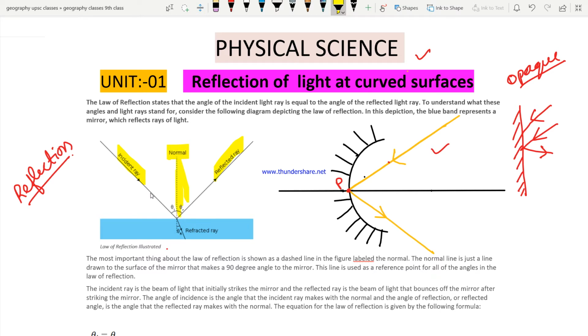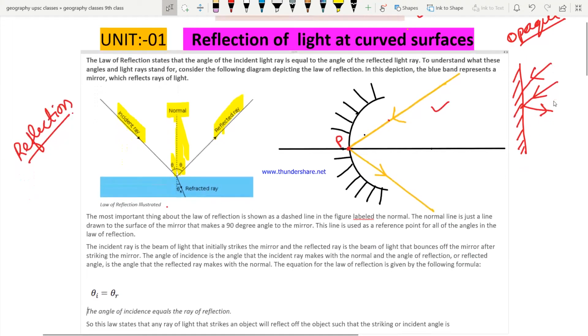When a light is incident, making an angle theta 1 with respect to the normal, the incident ray will get reflected back, making an angle with the normal. That angle is theta 2. What is the first law saying?